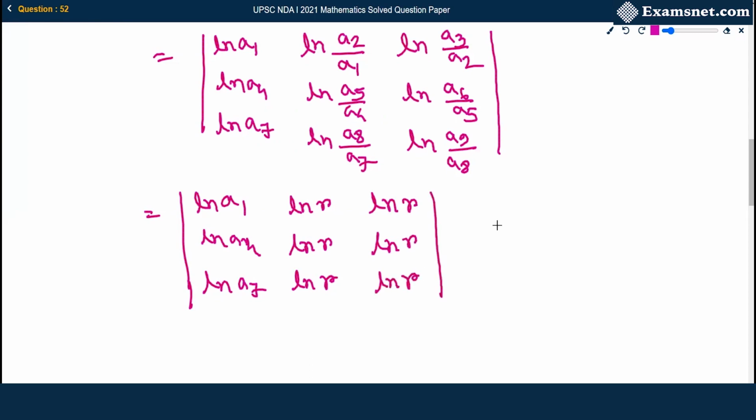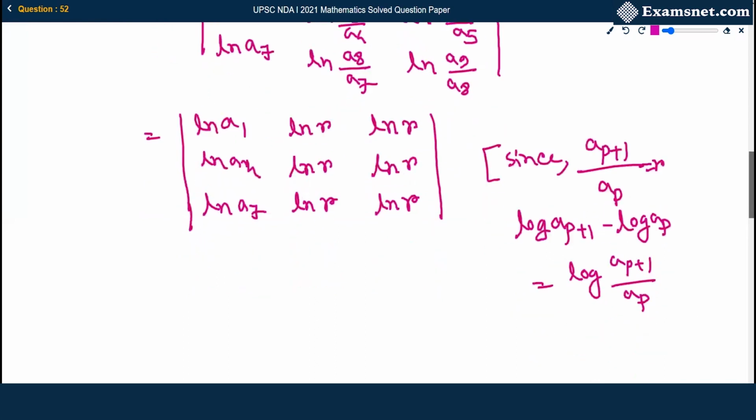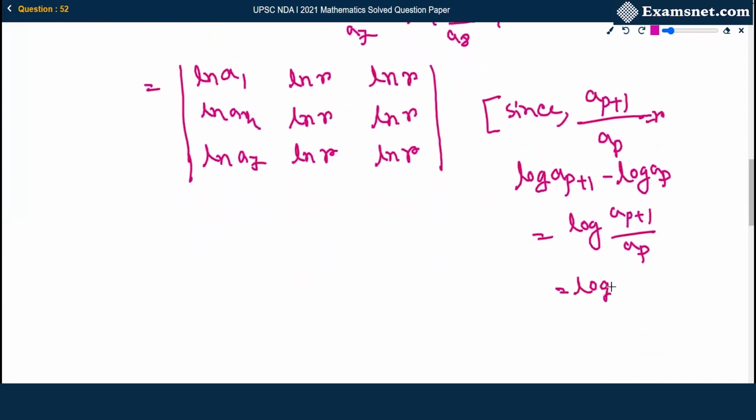So we can see since A(P+1) by AP equals R, or also log A(P+1) minus log AP equals log of A(P+1) by AP, so it becomes log R. Yes, I have already written the hints.